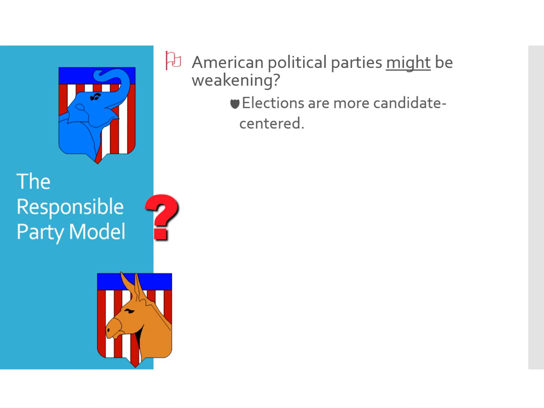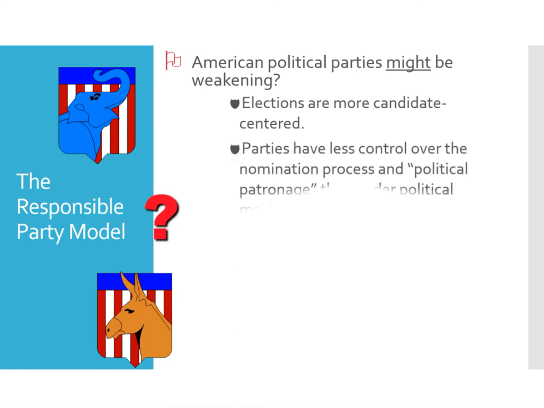So, because you have more candidate-centered elections, it's not the machine or the party from a top-down perspective that can dictate who is the political party nominee. And so the candidates who are successful can spring up and control parties and get the nomination of the party. Parties have less control over the party nomination process and over political patronage than they did under political machines.